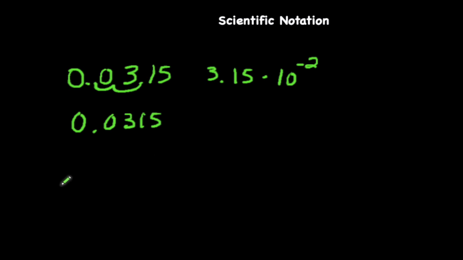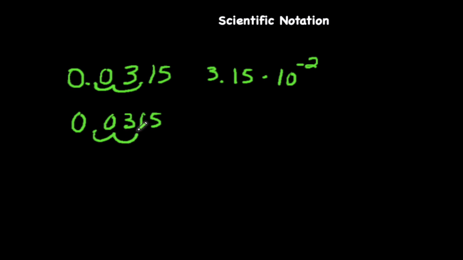Okay, so now what if we wanted to convert this number to standard notation or standard form? All right, so let's go ahead and do that. So what you're going to do is take a look at where your decimal point is, and count how many places the decimal point needs to move until there's just 1 digit to the left of the decimal point. So in this case, we're moving it 1, 2.